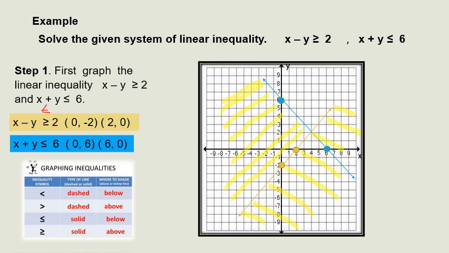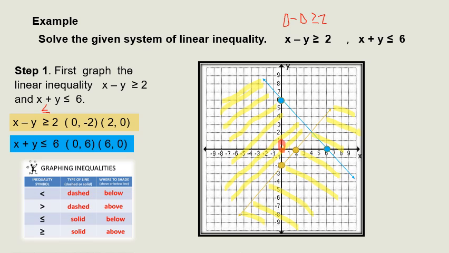For the second step, it says we have to test the point (0, 0). The (0, 0) is here, right? I am going to use another color to show it. So (0, 0) is here. That is the origin. Now let's test it in this one: 0 minus 0 greater than or equal to 2.